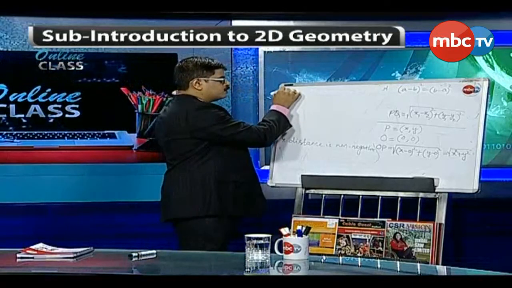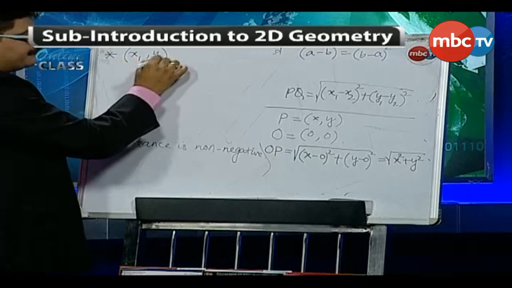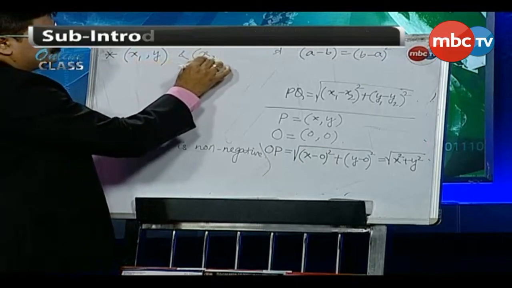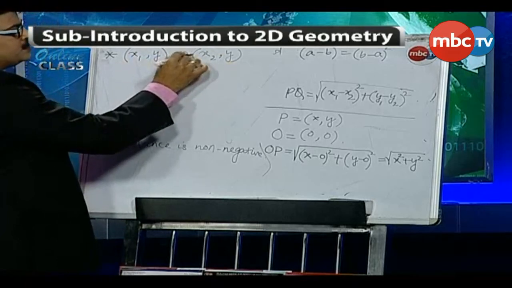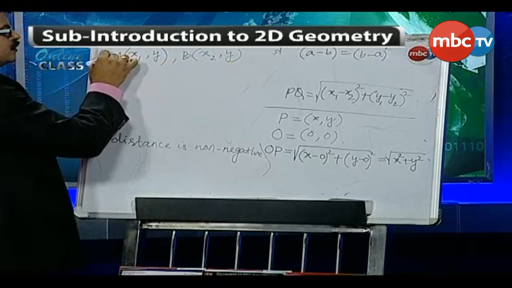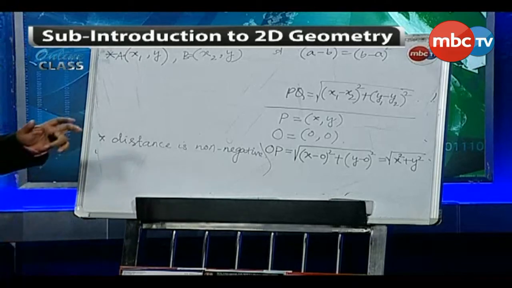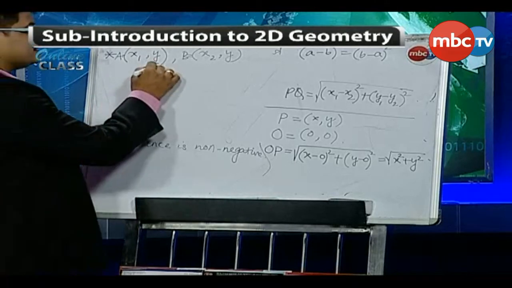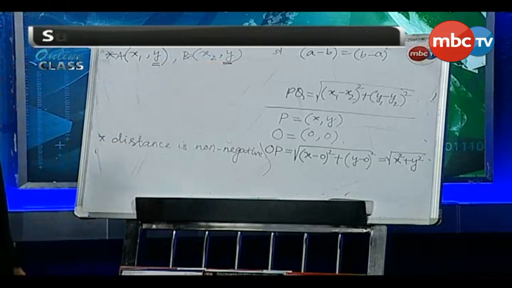Now, suppose we have points like (x1, y) and (x2, y). Let me give it a name. Suppose B is equal to (x2, y), A is equal to (x1, y). What will be the distance? You can mark one thing: the y coordinates are same here. In both the points, the y coordinate is y.